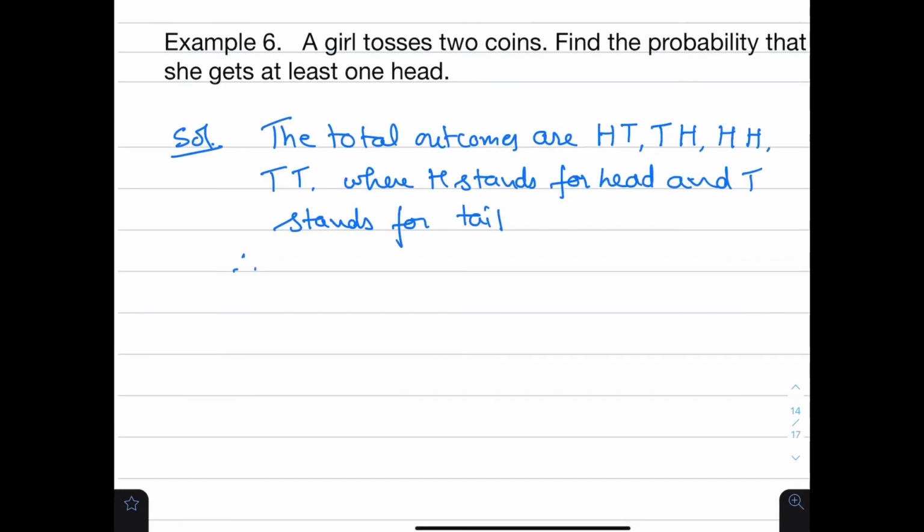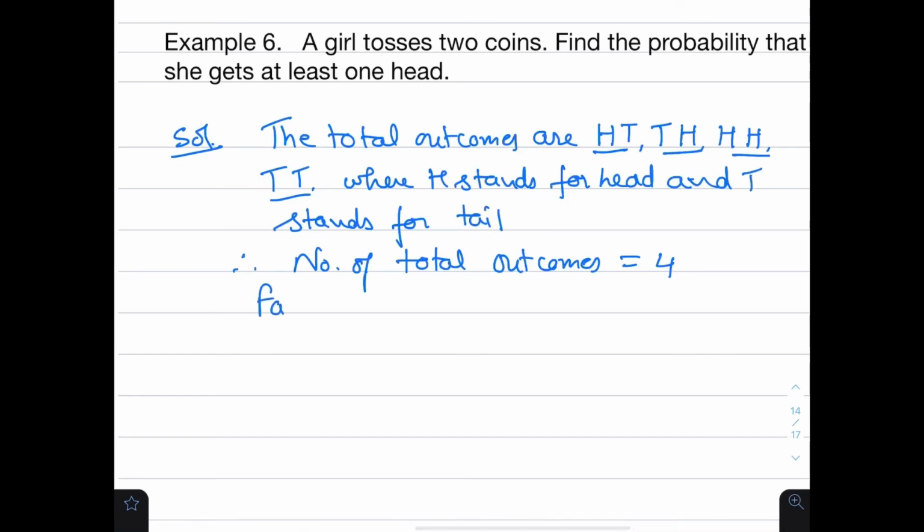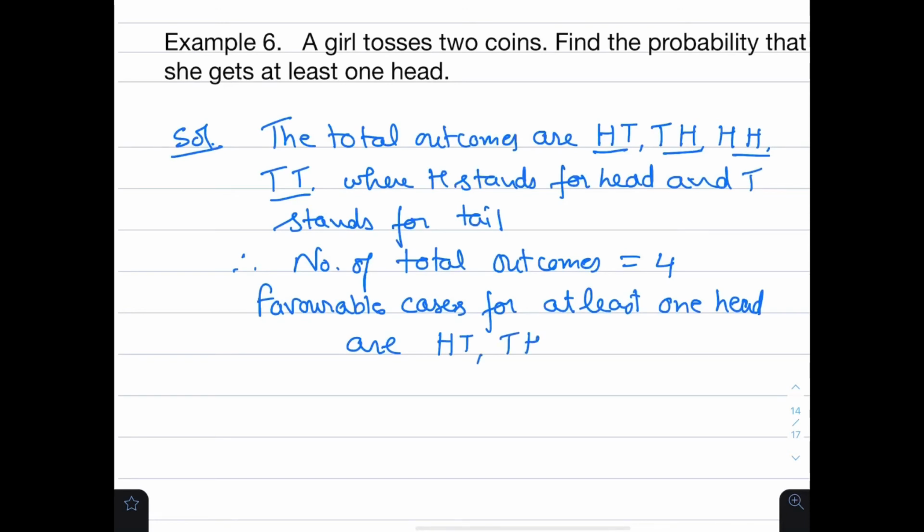Therefore, number of total outcomes equal to how much? 4. 1, 2, 3 and 4. Favorable cases for at least one head are which ones? Head tail, tail head and head head.